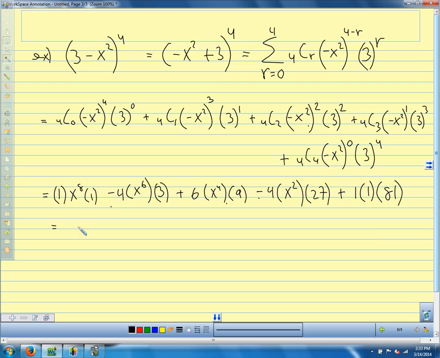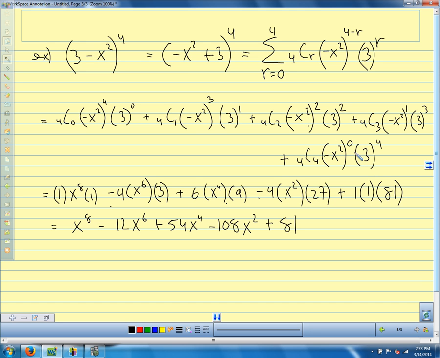And then I simplify this, I get x to the 8th minus 12 x to the 6th plus 54 x to the 4th minus 108 x squared plus 81. So this is (3 minus x squared) to the 4th, using the binomial expansion.